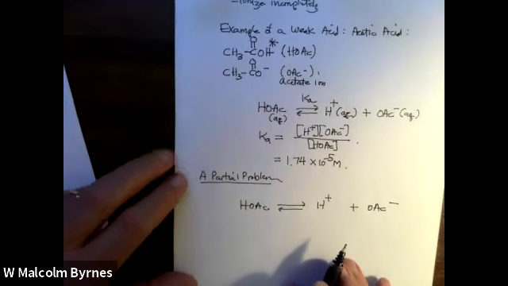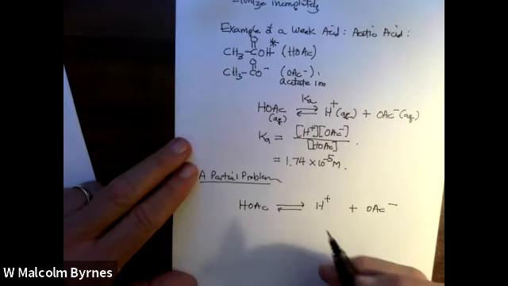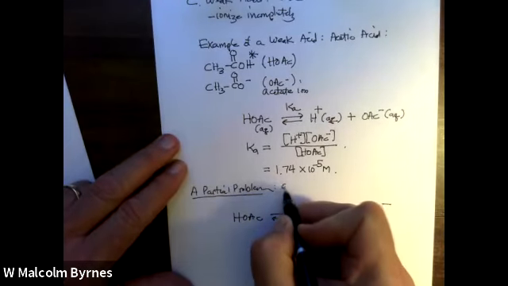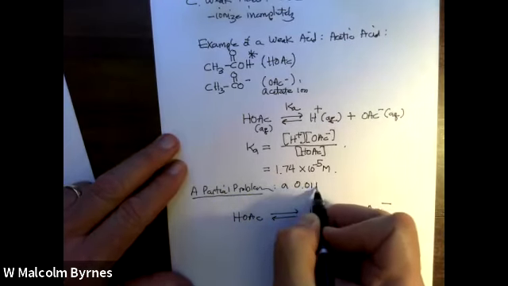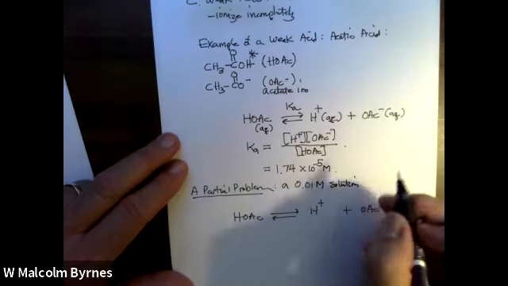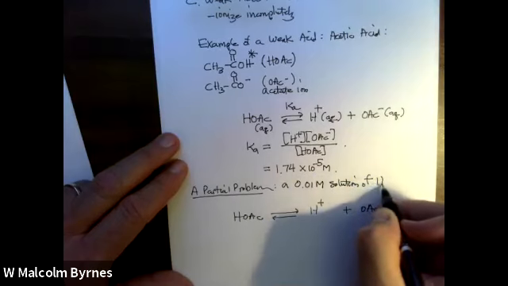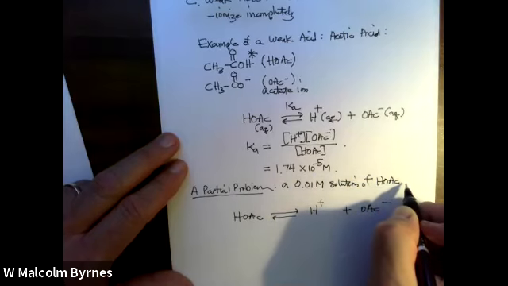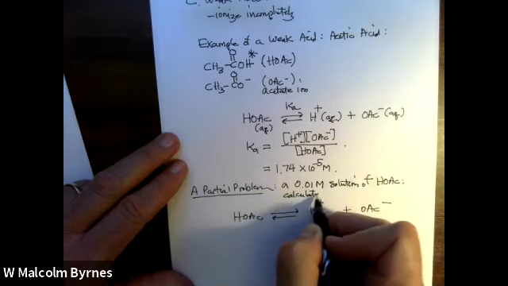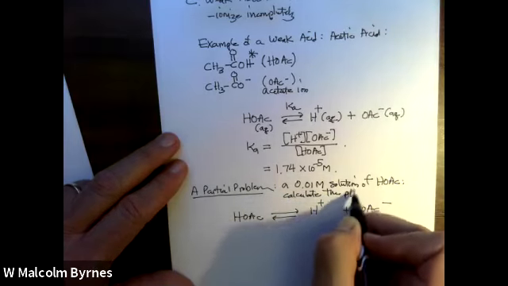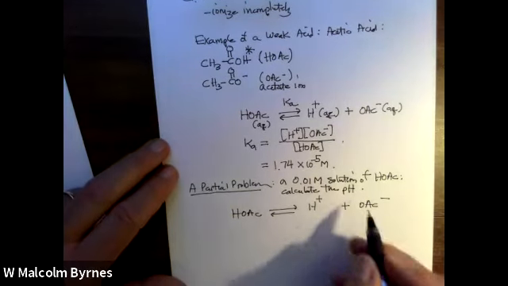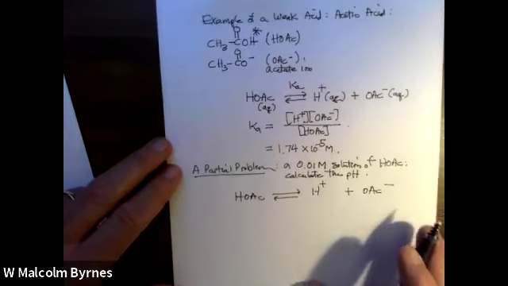And let's consider some situation. Let's say we have a 0.01 molar solution of acetic acid, HOAc. Let's calculate the pH of this solution. And I'm not going to do the whole calculation, but sort of set it up.